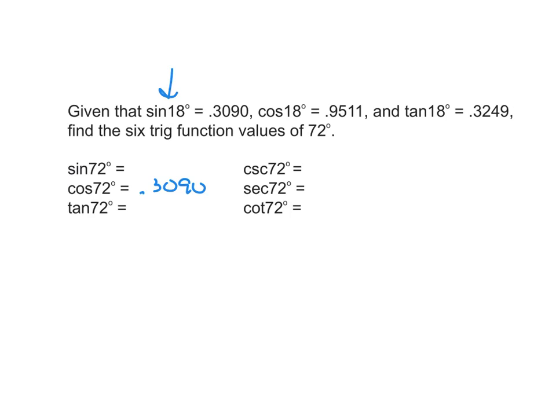They tell me also cosine of 18 is 0.9511, which means sine of 72 is 0.9511. They tell me that tangent of 18 is 0.3249, which means cotangent of 72 is 0.3249.